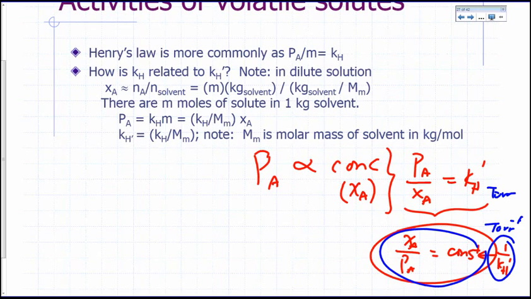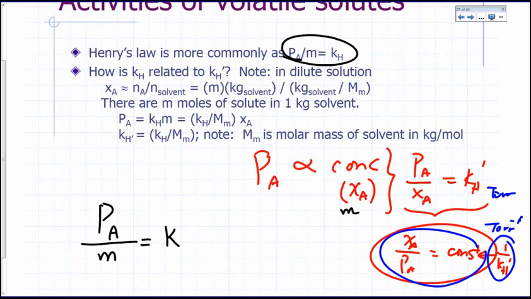And mole fraction is not the only way to express concentration. You can use molality. So you can say that the partial pressure of A is directly proportional to its molality, and we're going to call the proportionality constant KH. This is the more popularly used constant.